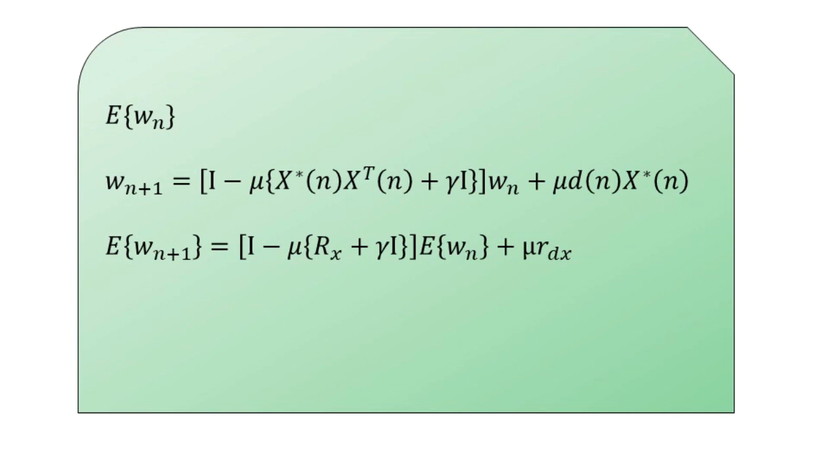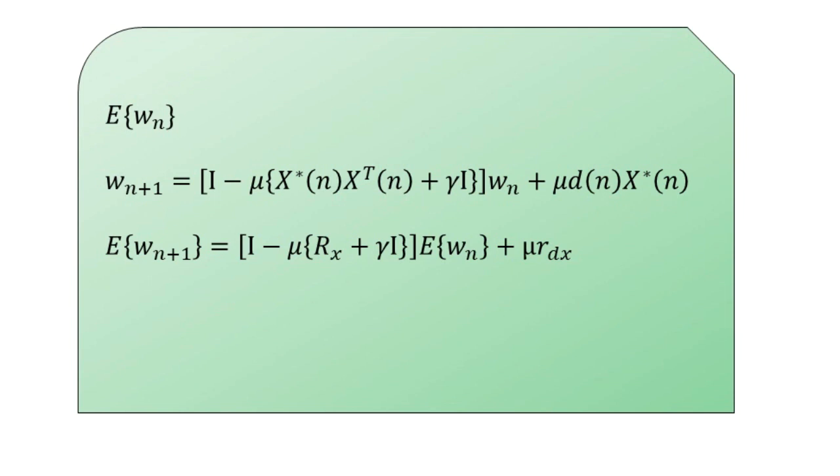Further, the last term is added on to the right hand side, that is equal to mu into the cross correlation r_dx here.